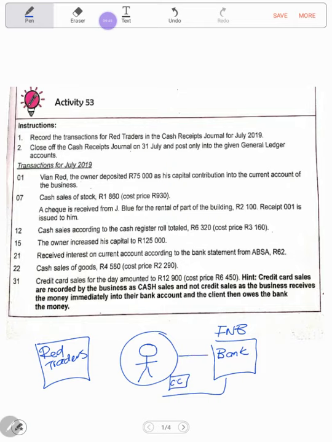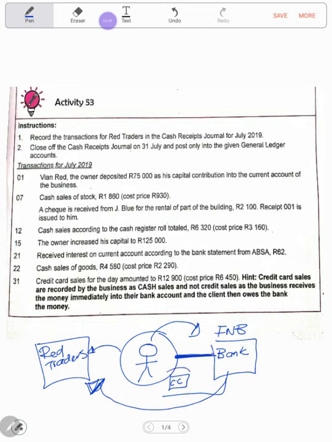This is an arrangement between the bank and the customer. So even if the customer goes to Red Traders and purchases goods on credit, the bank will immediately pay that money into Red Traders. They will receive their money immediately. All right. Who does the customer owe now? The customer owes the bank money. All right. The agreement is between the bank and the customer.